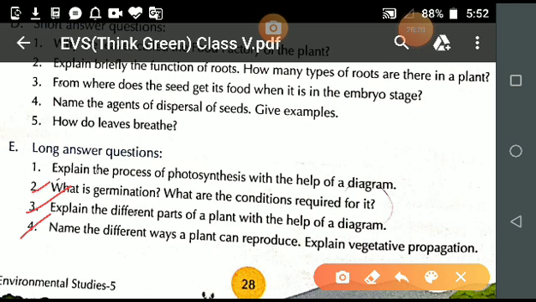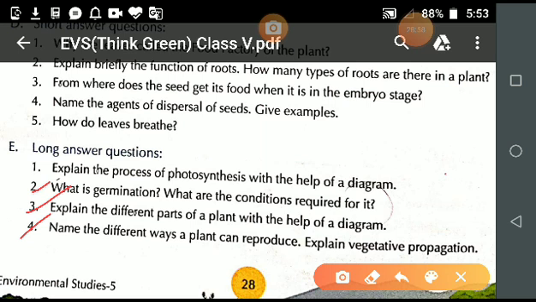And what is vegetative propagation, students? Some plants multiply with the help of roots, stem, leaves and spores. This is known as vegetative propagation.